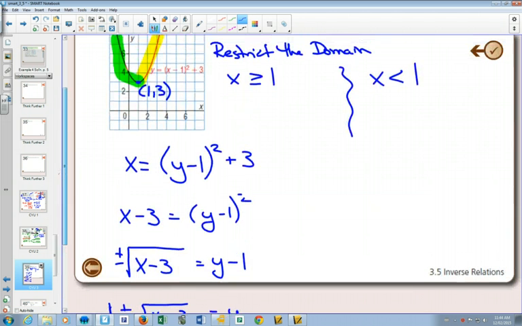Graphically, you may want to draw the line y equals x on here and start by labeling (3, 1). Can you see that the parabola is going to look like this when it's flipped over? Which part goes with which part?